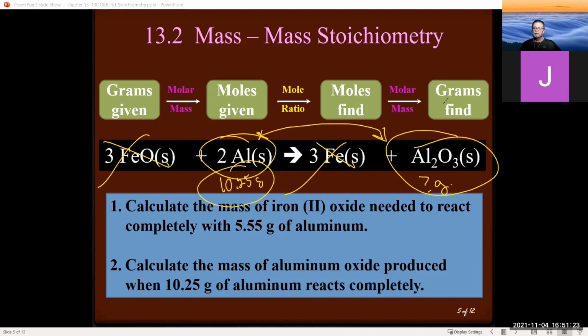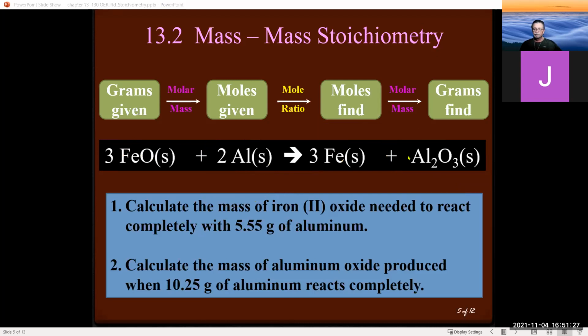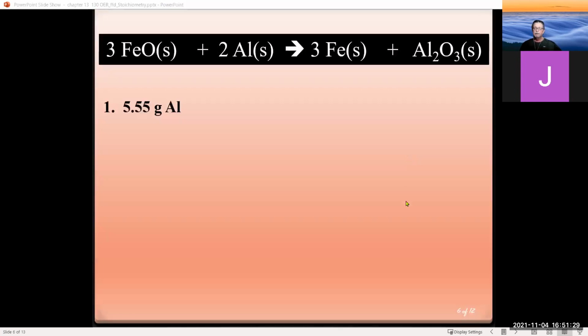Okay, let's clear it up, and now let's actually run through it. So here's the first one. Our relationship is only between the iron 2 oxide and aluminum, denoted by the double arrow there. We don't care about everybody else. And so we have grams of aluminum.